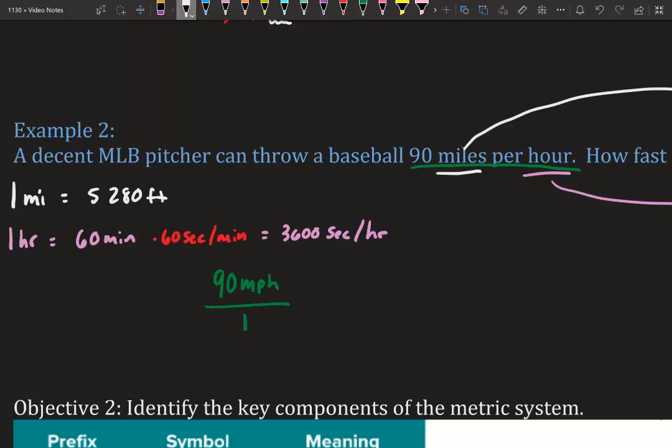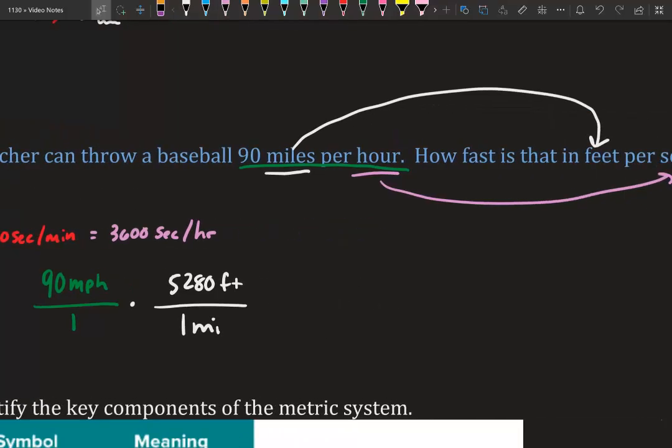And then, because we need to go from miles to feet, we know that there are 5,280 feet per 1 mile. And then we needed to go hours to seconds. So in 1 hour, there are 3,600 seconds.